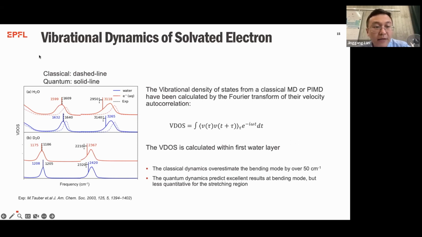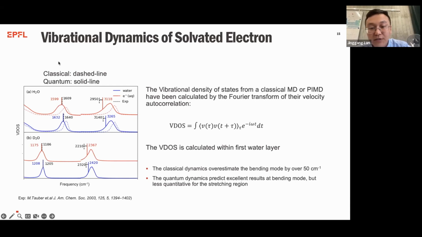We plot the dashed line for the classical nuclear molecular dynamics and the solid line for the quantum dynamics. As one can see in figure A, the classical nuclei overestimate the bending mode by more than 50 wavenumbers, and when we include the nuclear quantum effect, the agreement is excellent. Our prediction is within 10 wavenumbers of the experiment.